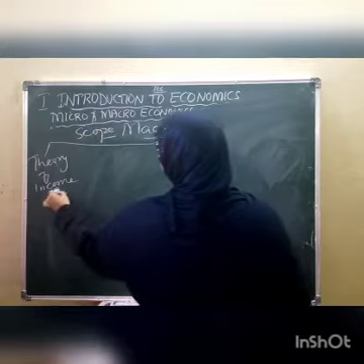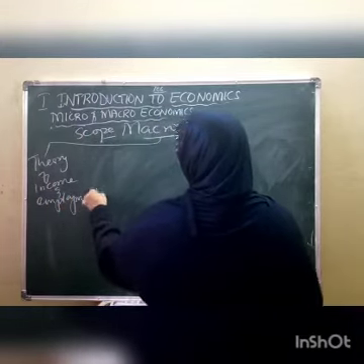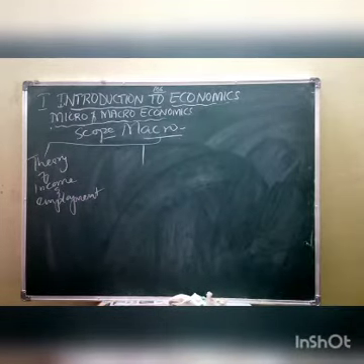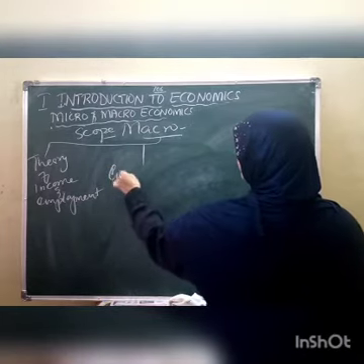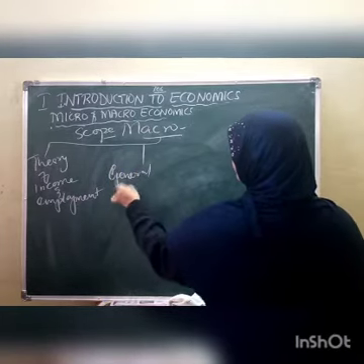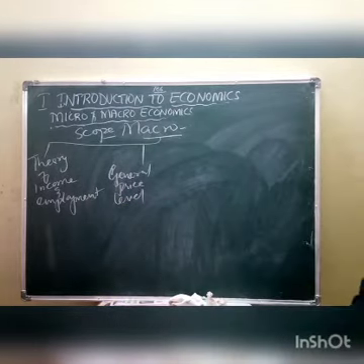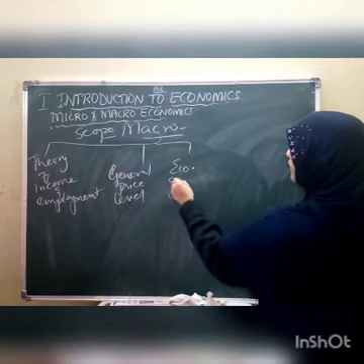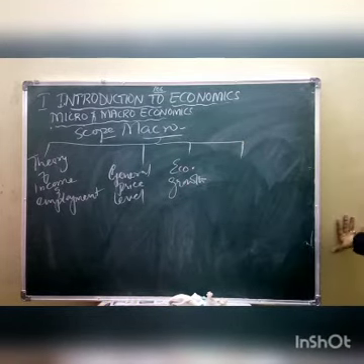The second scope is the theory of general price level. The third is the theory of economic growth.